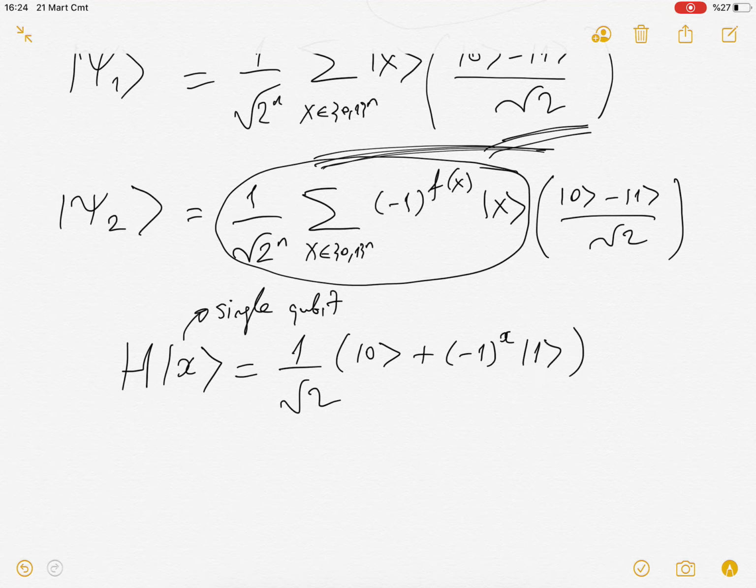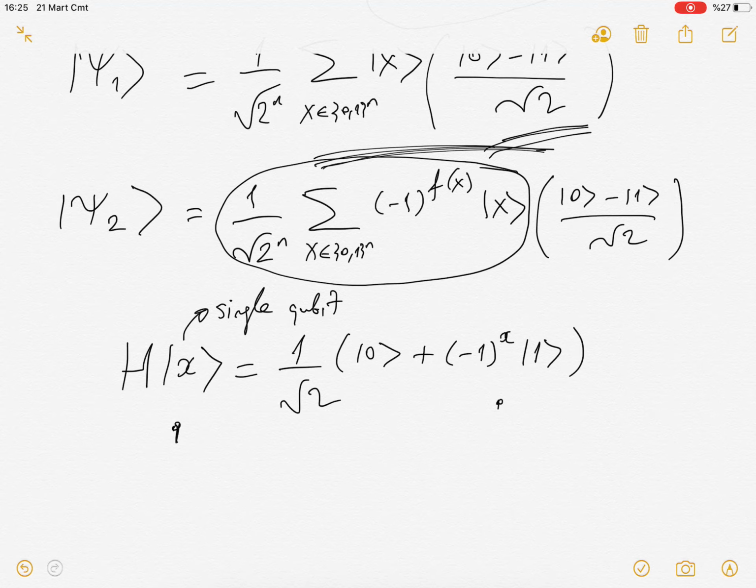ket 1. Okay, so if x is 0, then minus 1 to the power 0 is 1, so we get the desired outcome. It will be 0 plus 1. But if x was 1, then we have minus 1 to the power 1, so we have a minus phase in front of ket 1, and again we get the desired behavior.